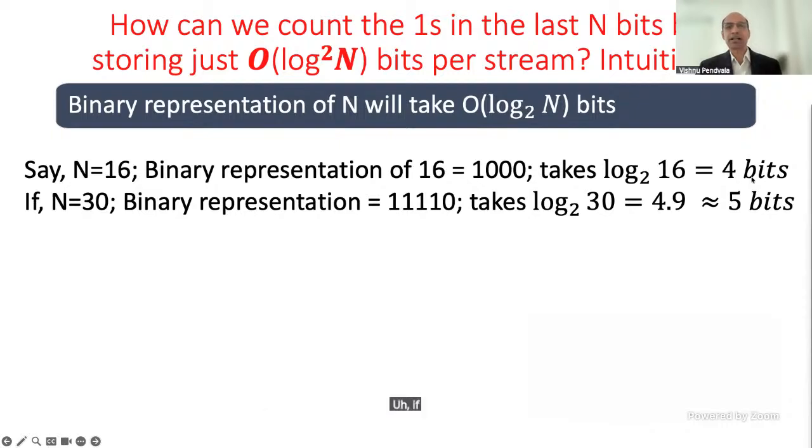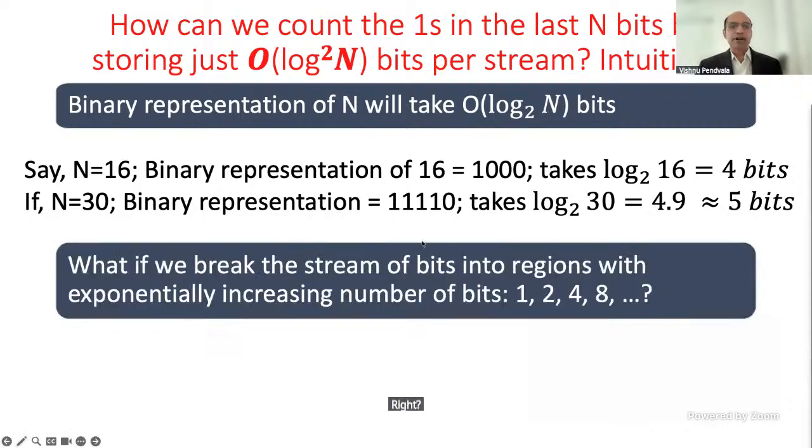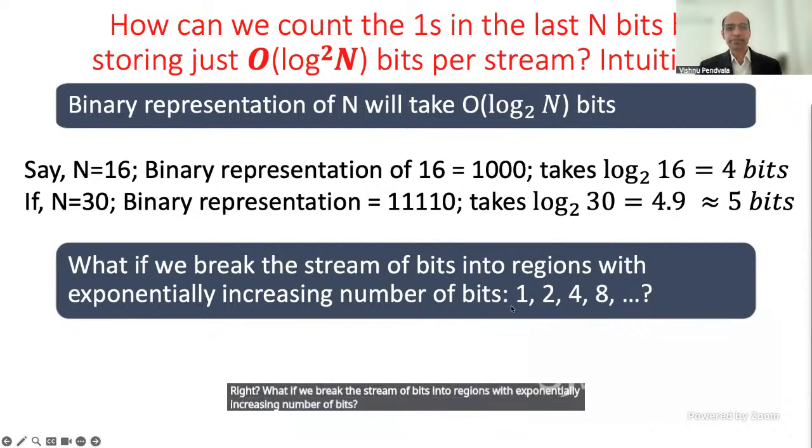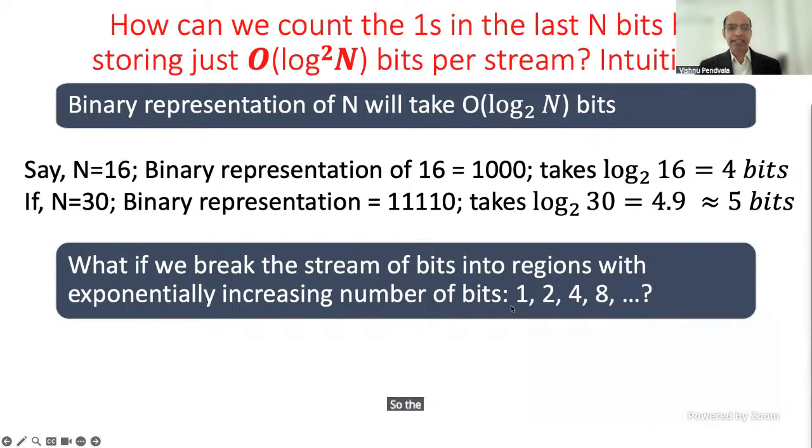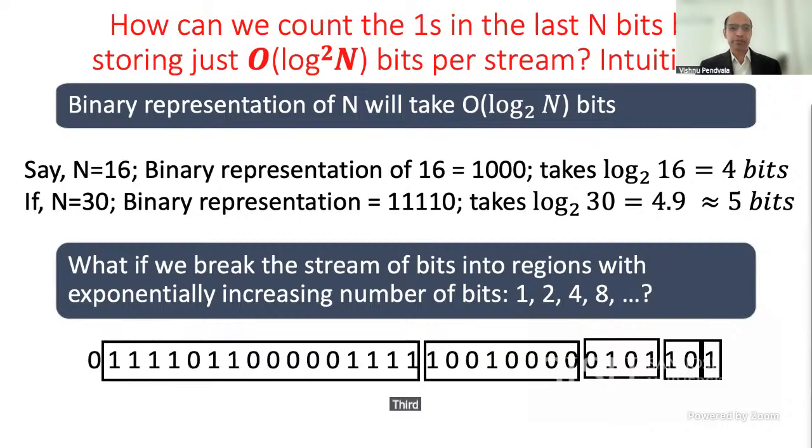If we just store the counts, what if we break the stream of bits into regions with exponentially increasing number of bits? So the first bucket has just 1 bit, the second bucket has 2 bits, third bucket has 4 bits, and so on and so forth.